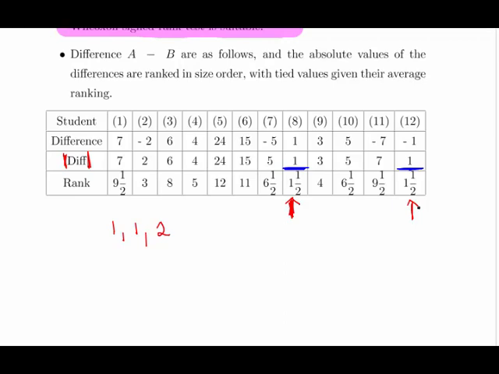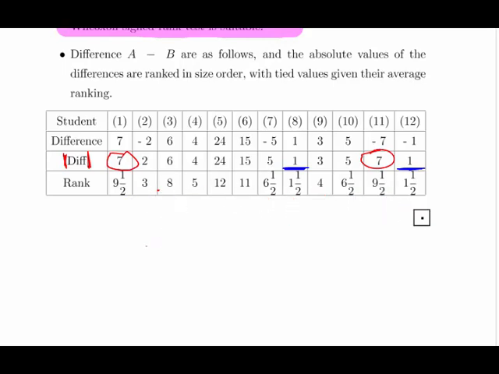Then I go to the third ranking value here, which is 3, and so on, the whole way through. 4, this is the 4th highest rank, 5th, 6th and 7th, 8th, and then a 9 and 10. We have a tie there for positions 9 and 10, so we give them both 9.5, and then 11 and 12.